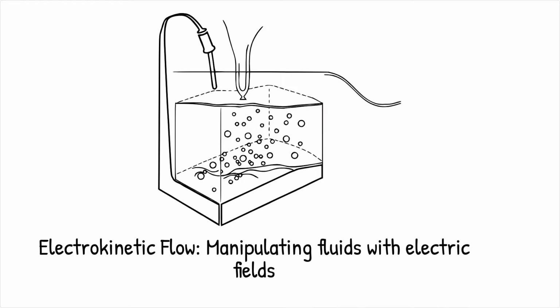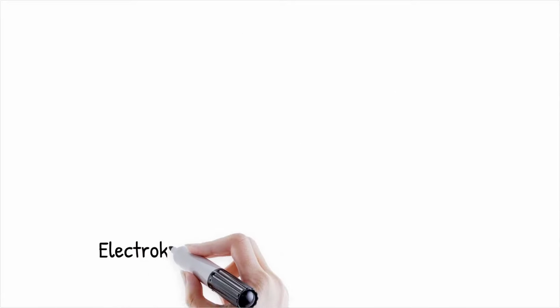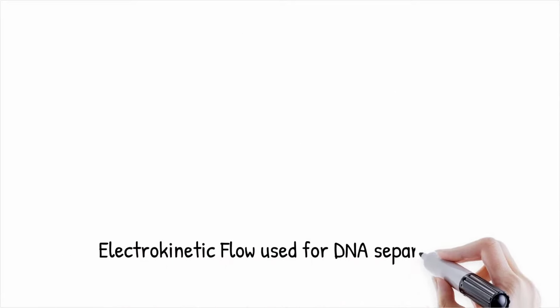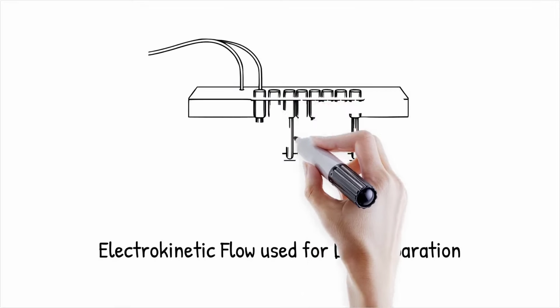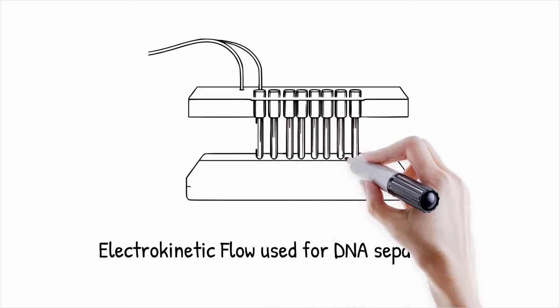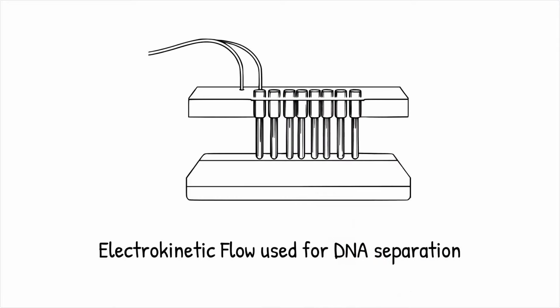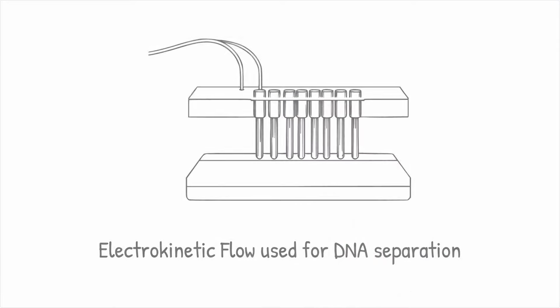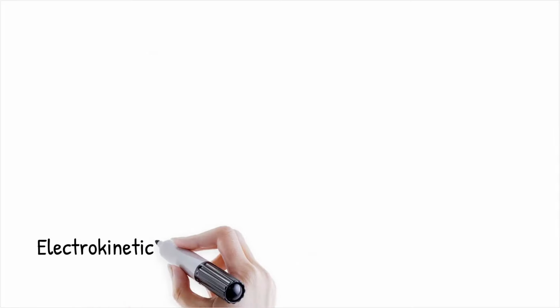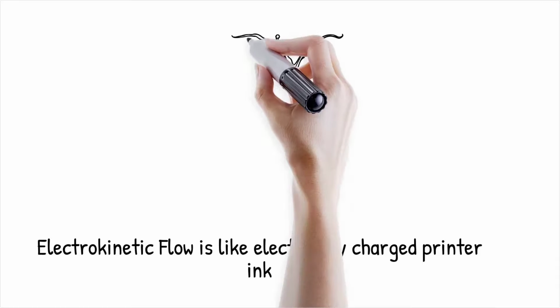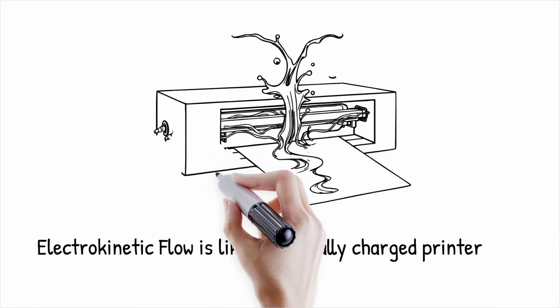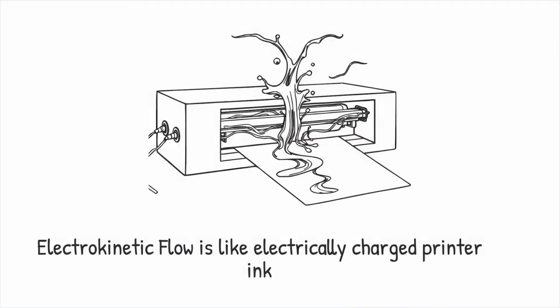However, electrokinetic effects are highly dependent on buffer composition, pH, and surface charge properties. DNA separation in microfluidic electrophoresis devices uses electrokinetic forces to precisely move and sort biomolecules based on charge and size. It works like ink spreading in an electrically charged printer, where the movement is dictated by an applied voltage.